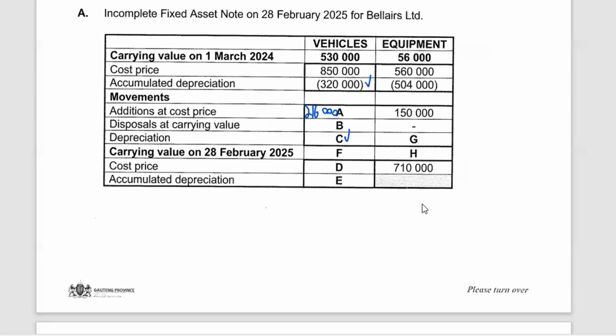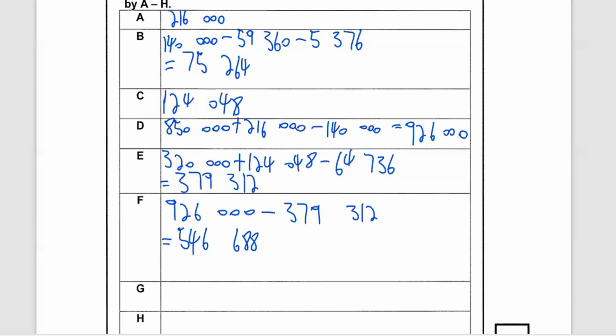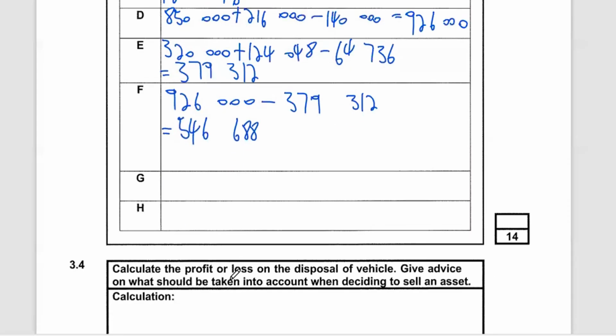Then G, we have to calculate depreciation for equipment. So depreciation for equipment, we are firstly given the total depreciation of the new, which is 11,250.